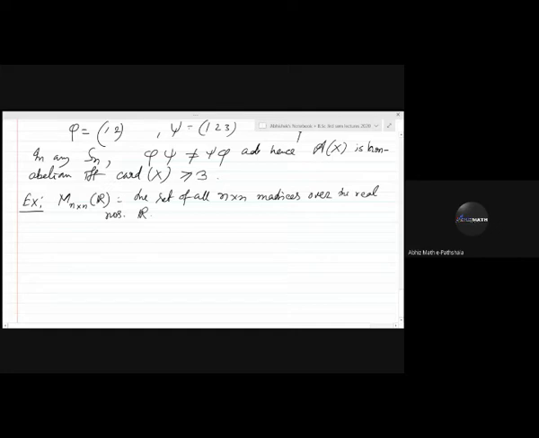So out of this set, this forms an algebraic system. Not only that, it forms a semigroup.